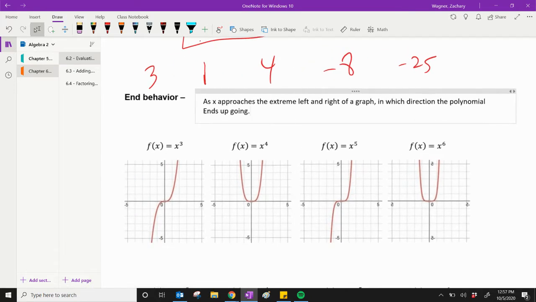For example, all polynomials follow these directions, just the way it goes. Right? If you have a cubic function, x to the third, it grows in this manner.